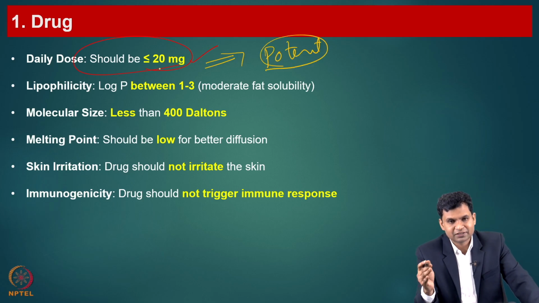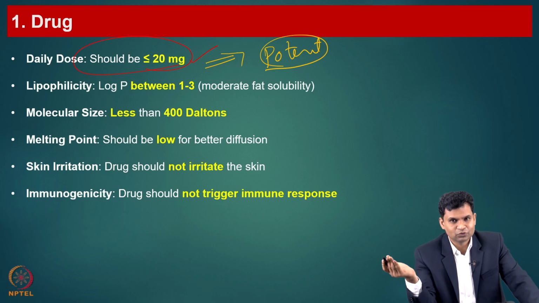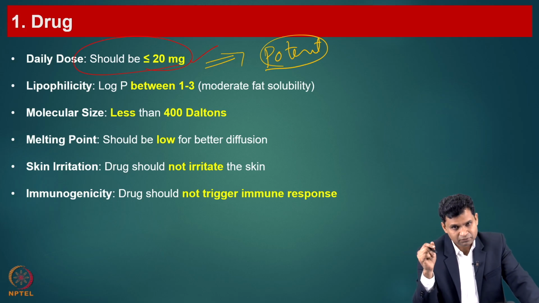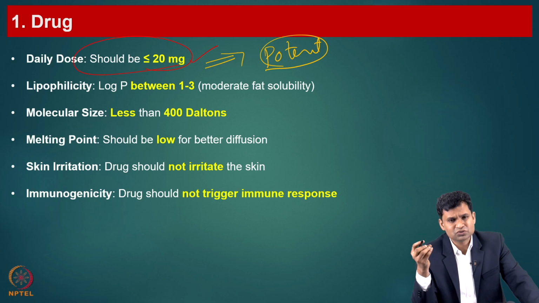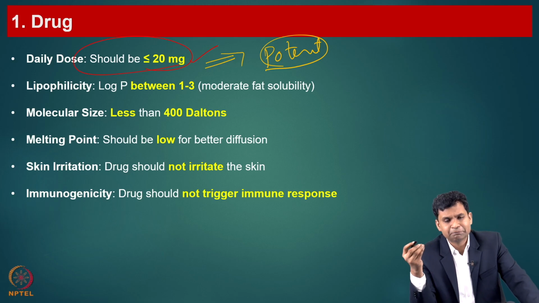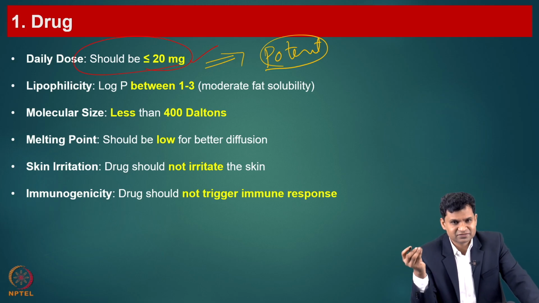You cannot take drugs which are 500 mg or 200 mg, and even 100 mg also, right. Yes, you can use some strategies to improve the drug loading, but still we need to select potent drugs which have a low dose.